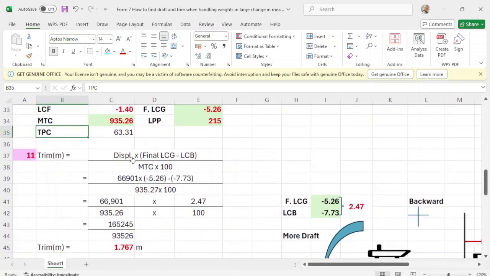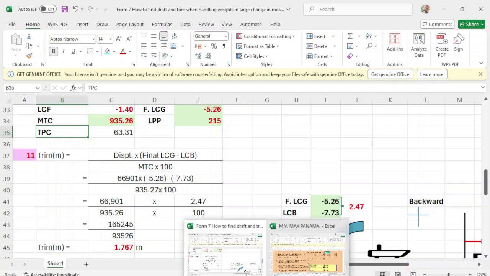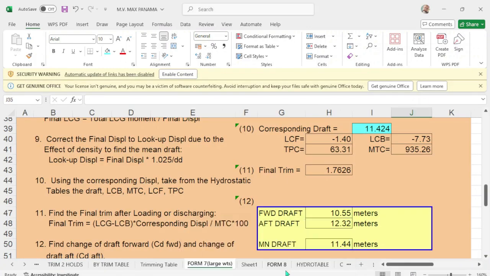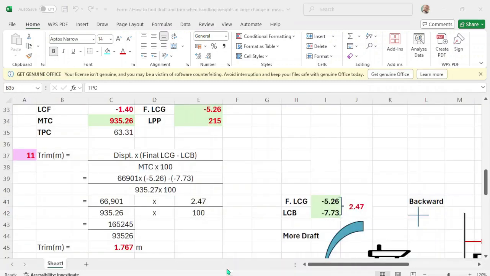So this is number 11. To get the trim is displacement times final LCG minus LCB over MTC times 100. So what is your displacement?